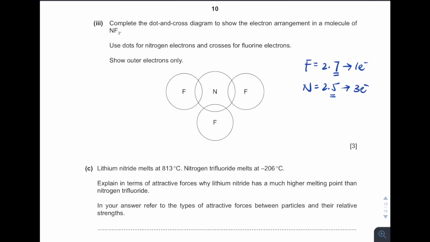So fluorine, 7 valence, shares 1, remaining 6 outside. Fluorine shares 1, remaining 6 outside. Same goes for the other fluorine. Nitrogen shares 1, 2, 3, total 3. 5 valence, shares 3, 2 more outside. Eventually this is how it looks like.